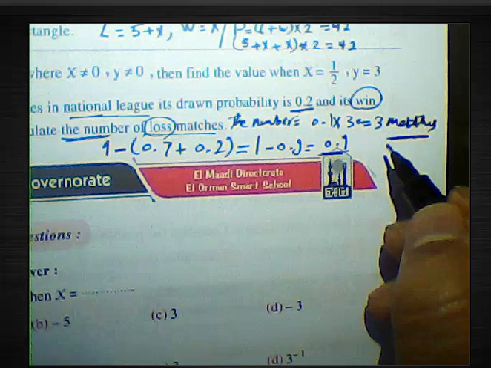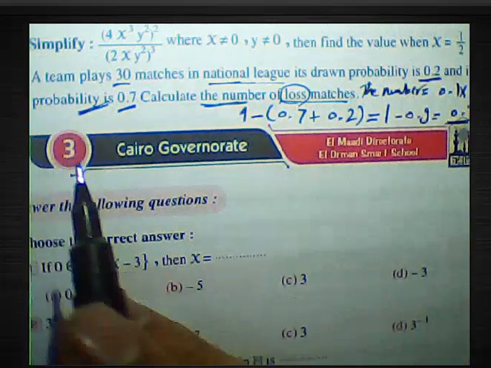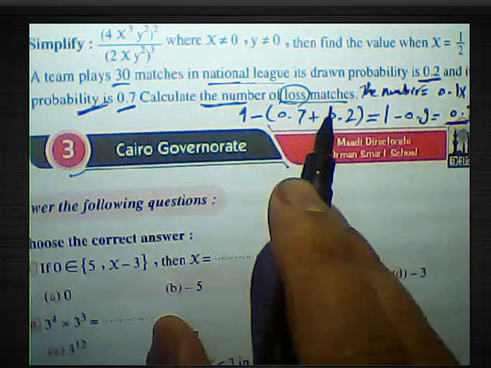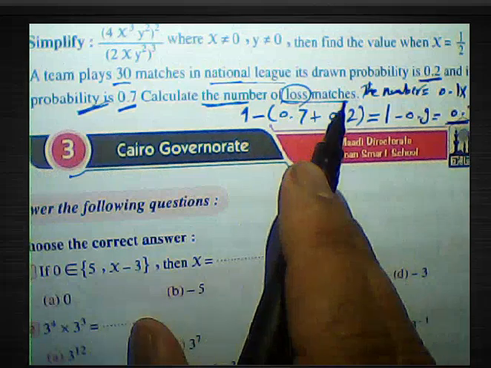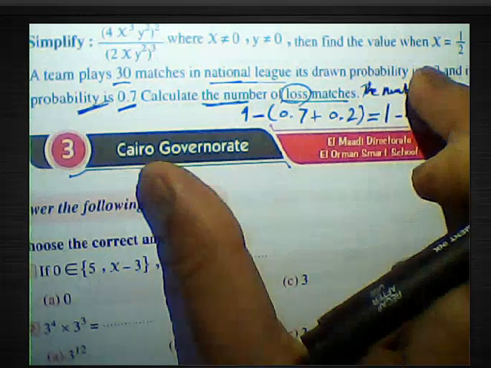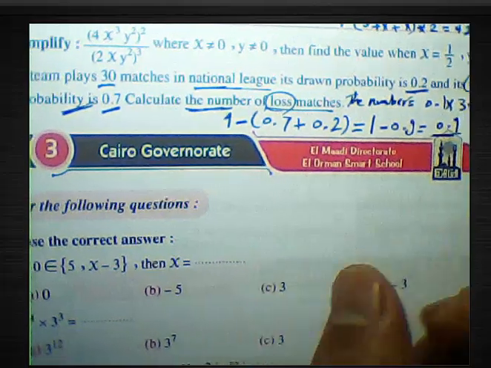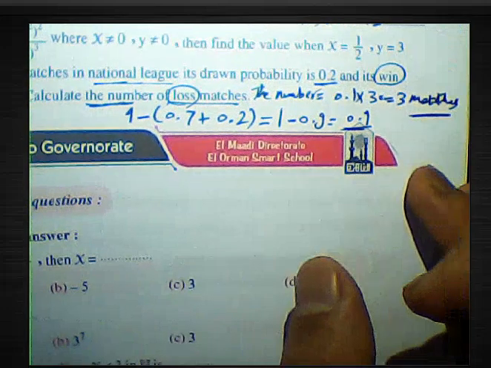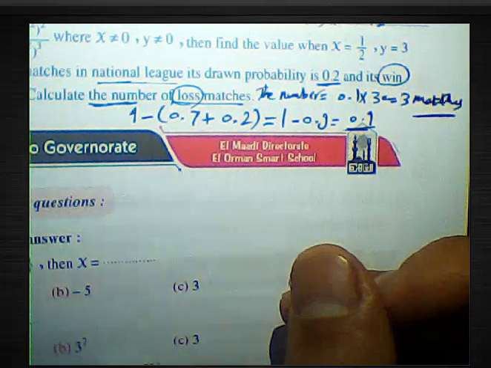The number of matches equals 3. Again, how did I find the result? By finding the probability of losing matches. First we find the probability of losing matches by subtracting the first and second probabilities. We can add them and subtract from 1, because the total probability equal 1 for any probability. So the sum of them equal 1.